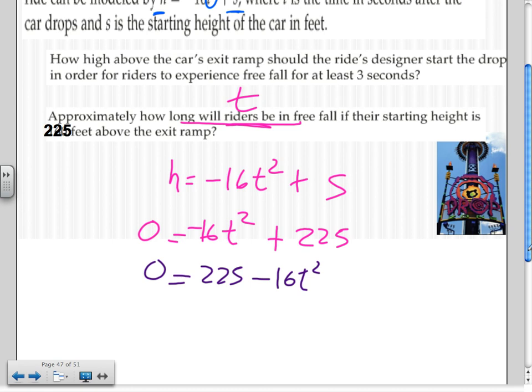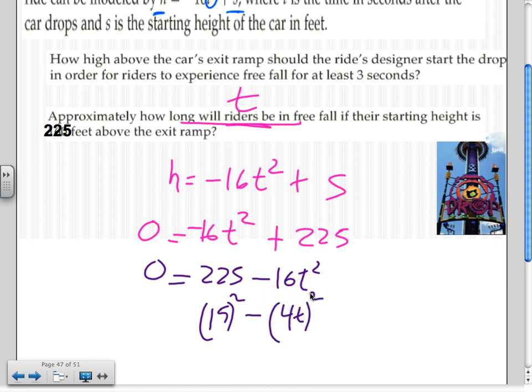You have to understand the difference between a difference of squares and a PST. Difference of 2 squares, okay, and PST stands for perfect square trinomial. Here, how do I put 225 as a square? 15 squared, right. And how do I write 16t squared as a square? 4t squared.